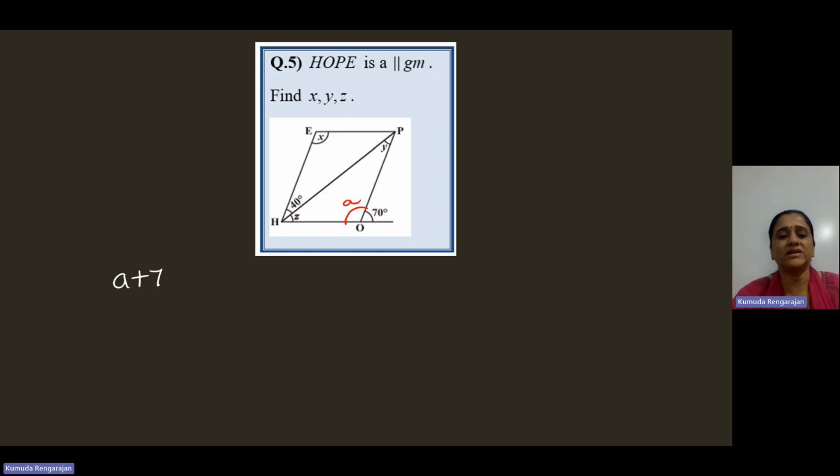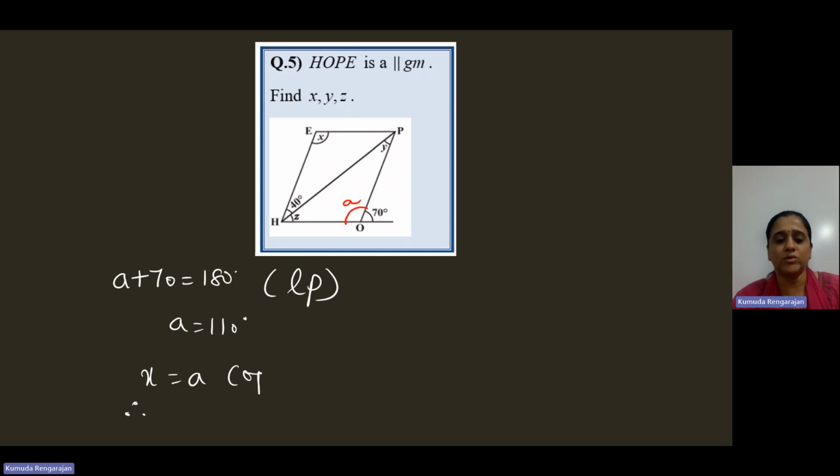A plus 70 is equal to 180, linear pair. So A is equal to 110 degrees. Now X is equal to A. Why X is equal to A? Opposite angles are equal. Therefore, X is equal to 110 degrees.